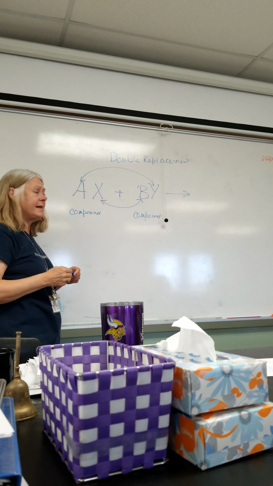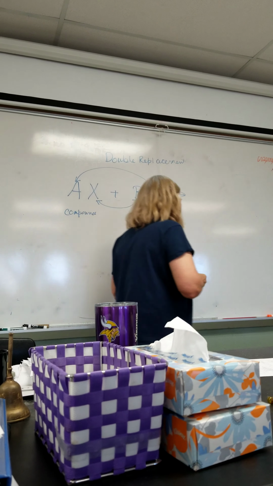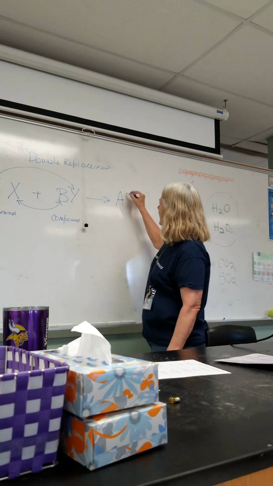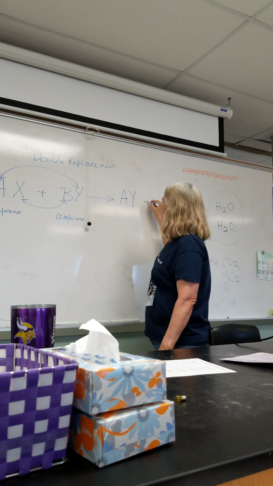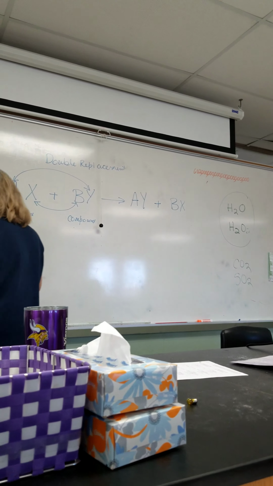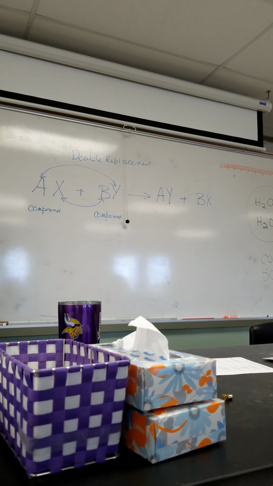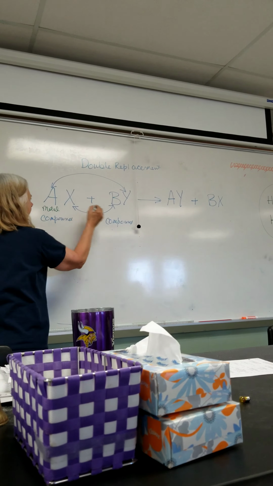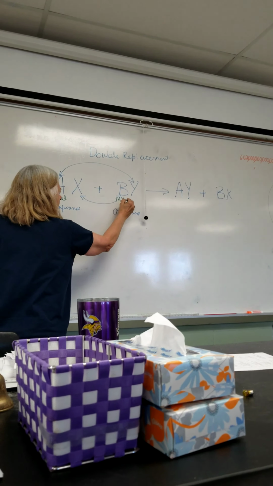Double replacement. Now the only problem that people have with this one is they always write the AY correctly, but you have to remember to put BX, because this is a metal and this is a metal.